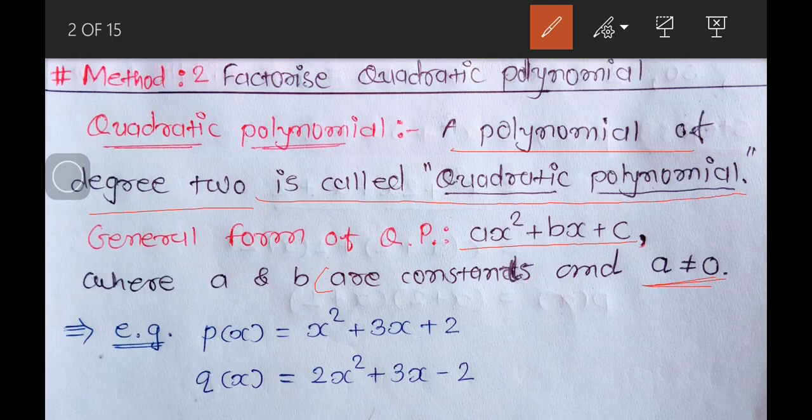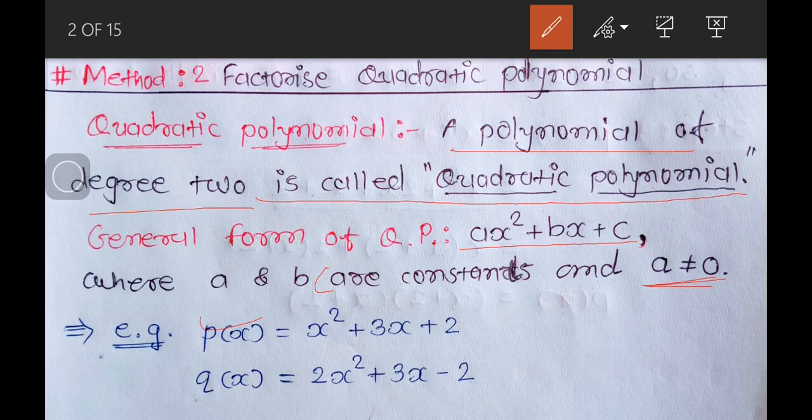For example, a quadratic polynomial p of x is equal to x square plus 3x plus 2. Here you can see that the terms of the polynomial are given in some arrangement.